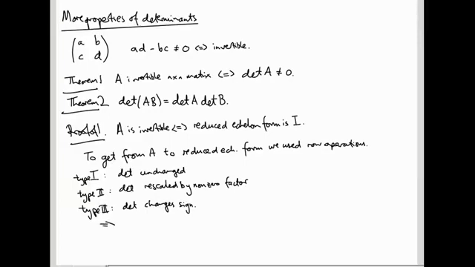So this tells us that det of A is non-zero if and only if det of the reduced echelon form of A is non-zero. Right, because these two are related by row operations, each of which cannot change the determinant from a non-zero number to a 0 number. It can rescale it by something non-zero, it can change the sign, but it can't make it 0.